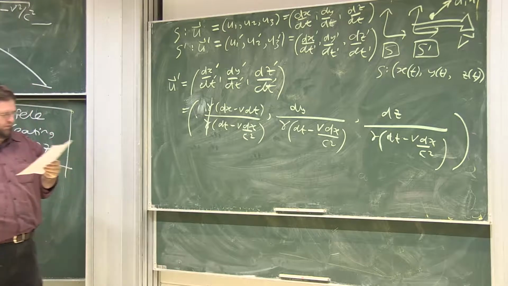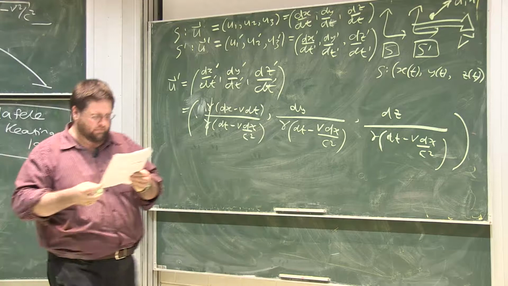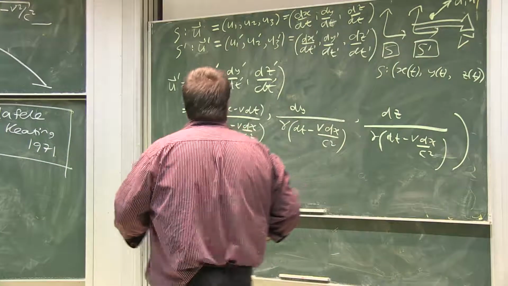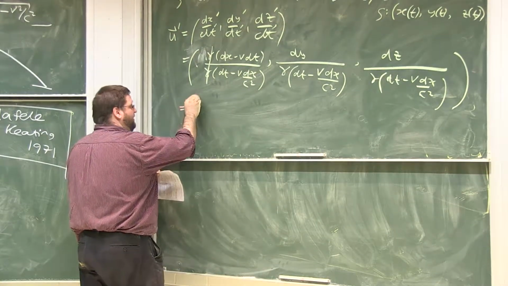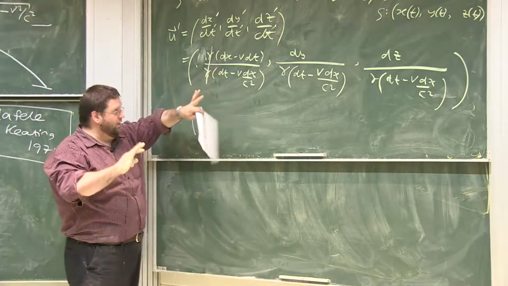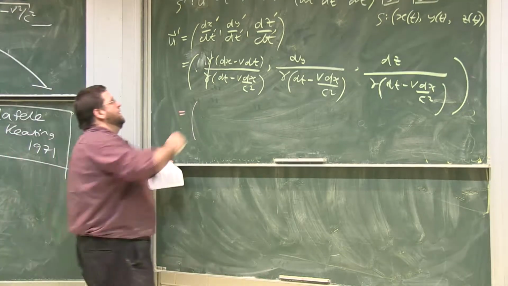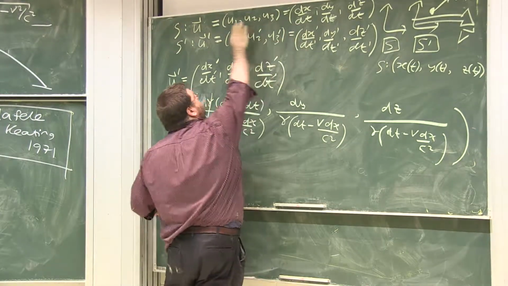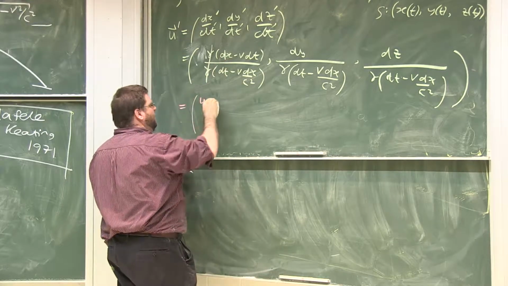The next thing that I want to do is to divide numerator and denominator by dt. So dividing every term in the numerator and denominator by dt, this will become dx/dt, which is the same thing as u1.